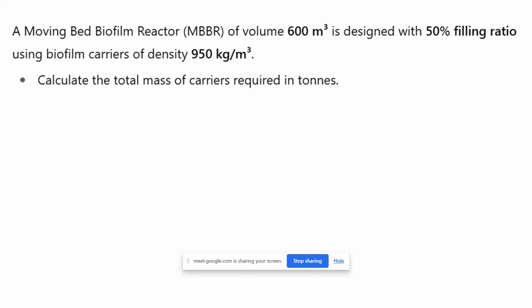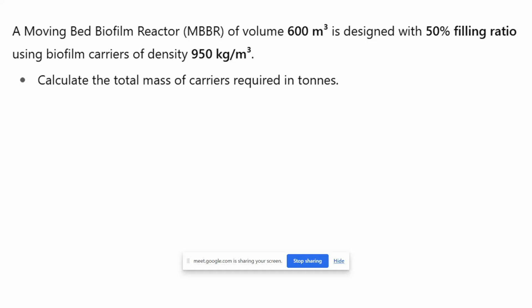So the volume occupied by the carrier is equal to 600 into 50 by 100, which is nothing but 300 meter cube. So the volume of carrier is 300 meter cube.